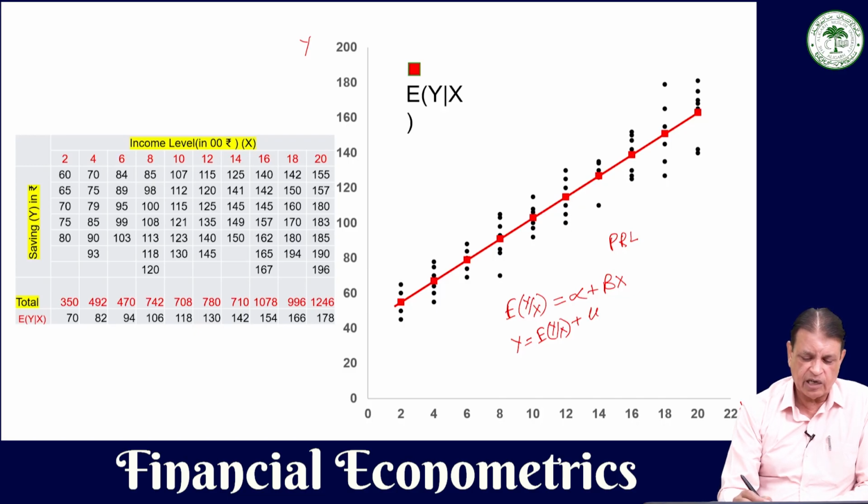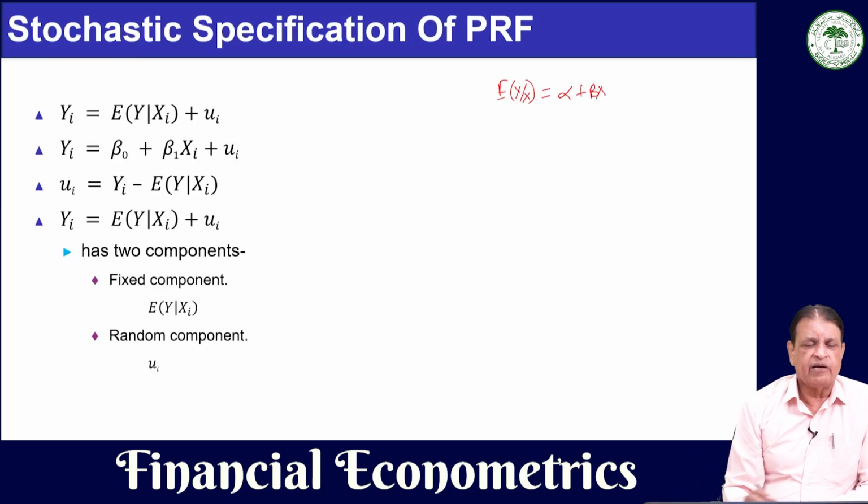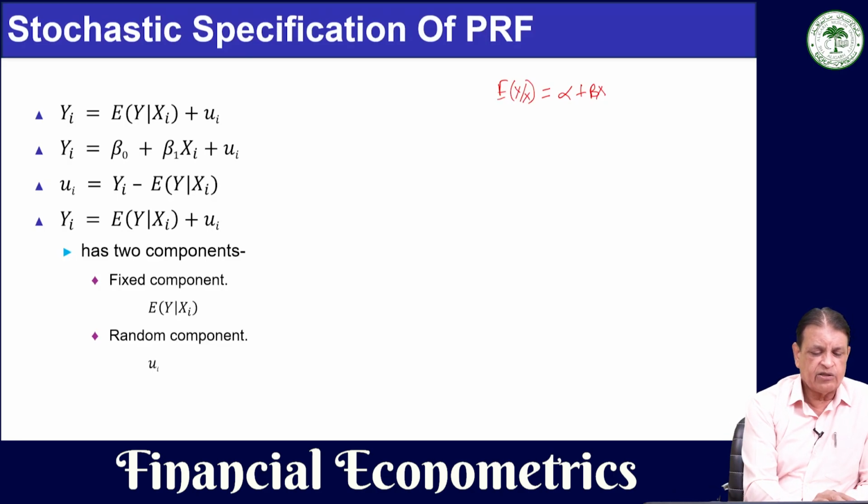But these values are not explained, and these are included in u. So you take into account these values, and consequently we say that this is the unexplained portion, and we call it non-systematic change.